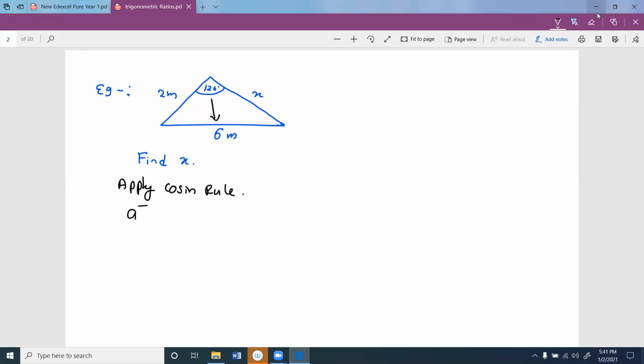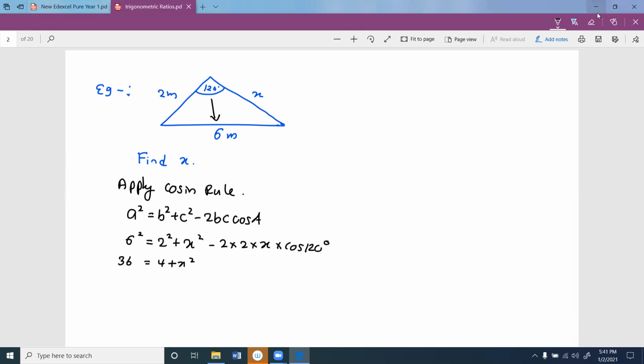Therefore, you can apply a squared is equal to b squared plus c squared minus 2bc cos A. So a squared becomes 6 squared is equal to 2 squared plus, this is b and this is c, x squared minus 2 into x into cos 120. If you simplify, 36 is equal to 4 plus x squared minus 2 into 2, 4x cos 120.